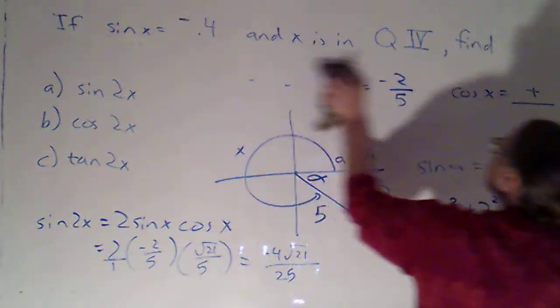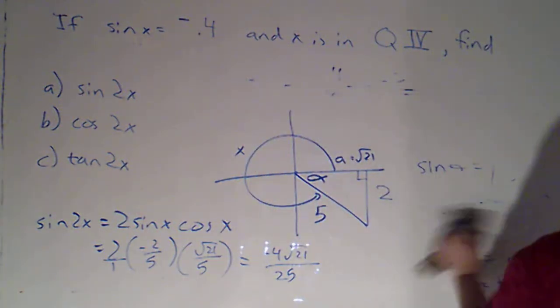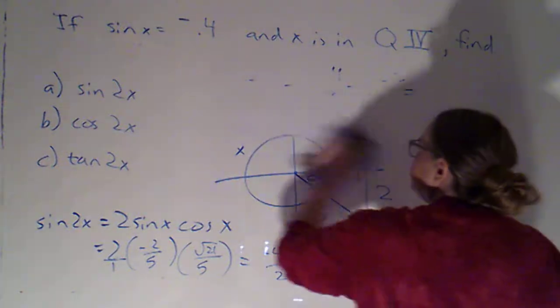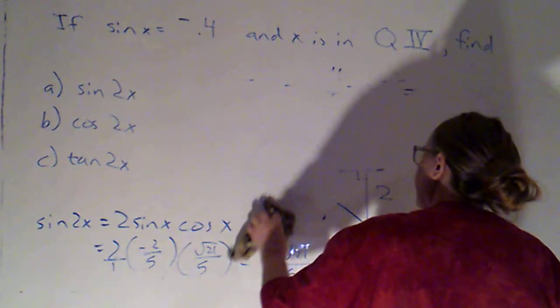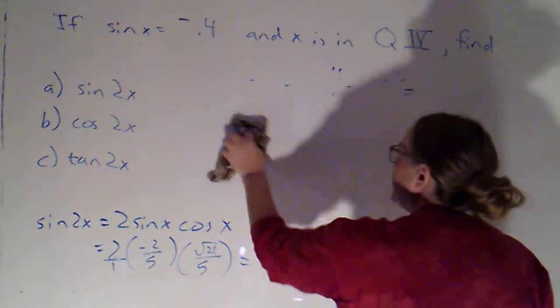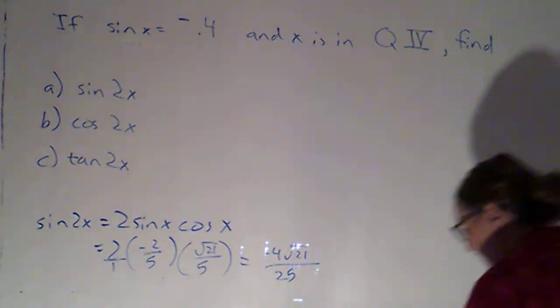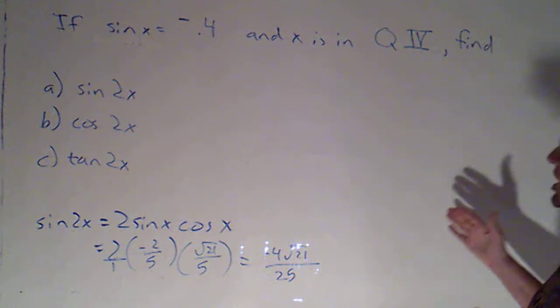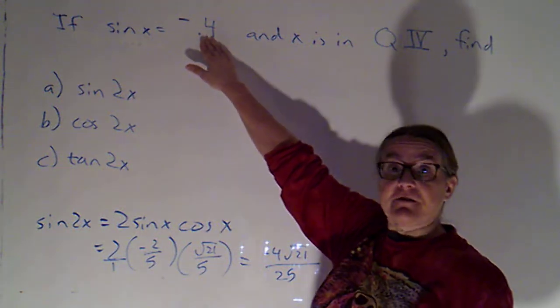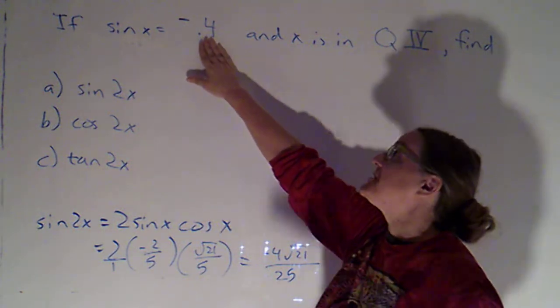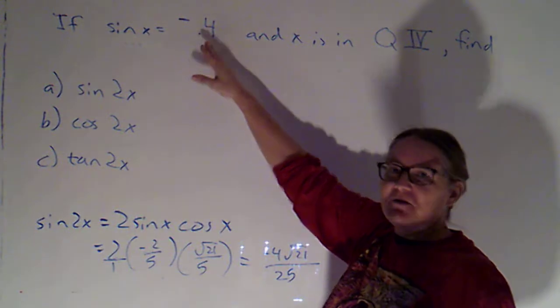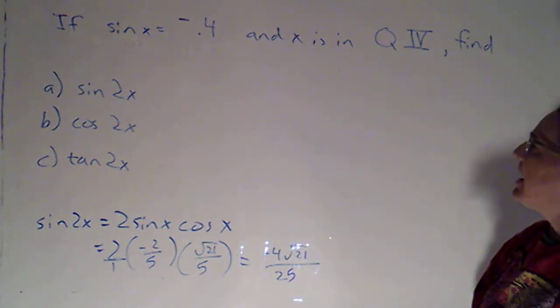Okay, let's get cosine of 2x. Now, I've got options for this. I could use any of the three formulas. If I just had this information, I'd use the formula that just used sine of x and didn't also use cosine of x.